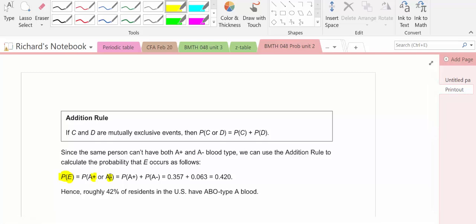So add the probability that somebody is blood type A plus to the probability that somebody is blood type A minus, and the value you get, 0.420, is the probability that somebody is blood type A, either A plus or A minus, and we assign the random variable E to that situation.